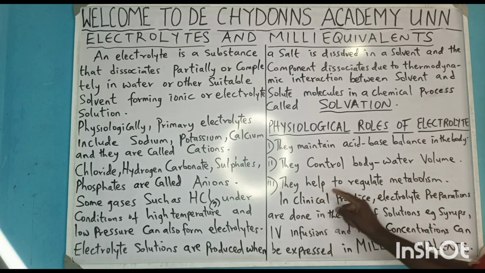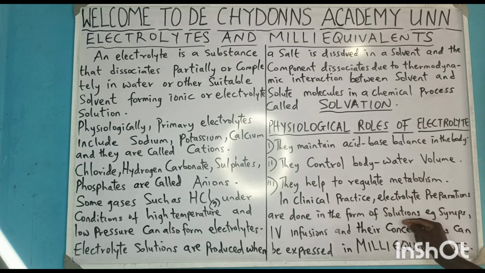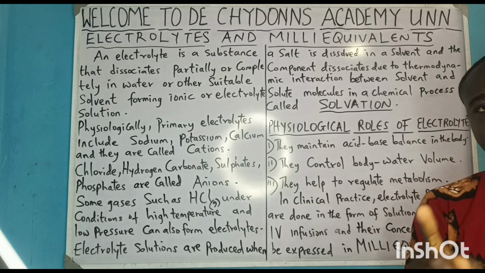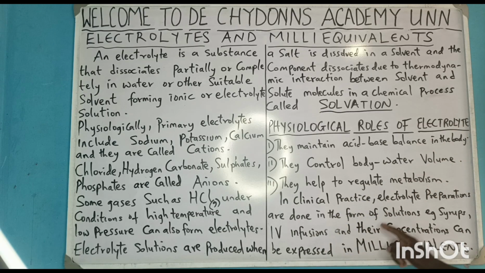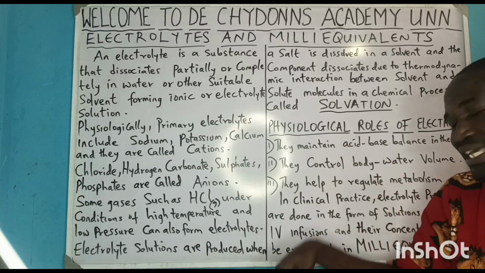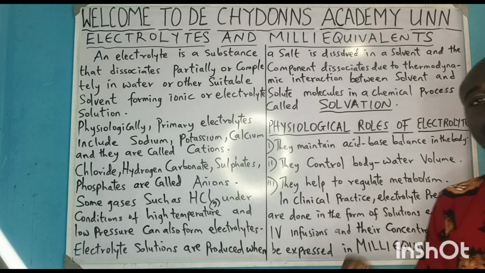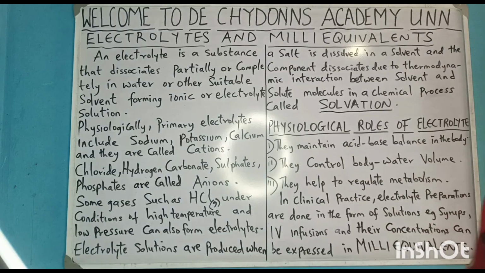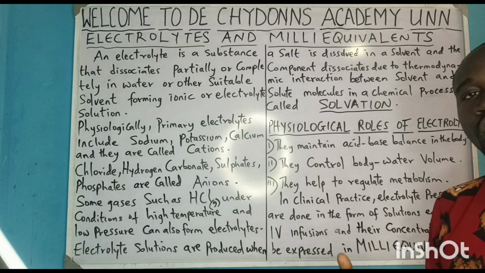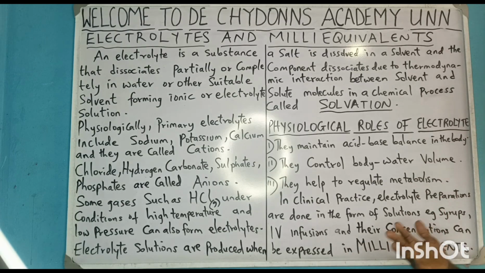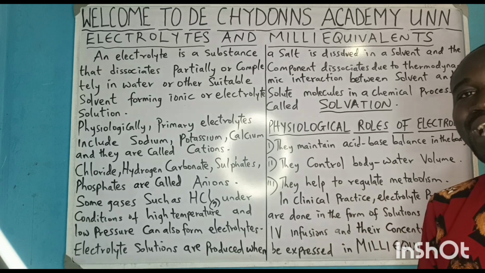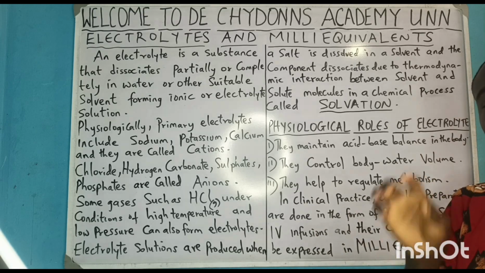In clinical practice, electrolyte preparations are done in the form of solution, e.g., syrups, IV infusions, and their concentrations can be expressed in milliequivalent. So milliequivalent is simply one of the ways of expressing the concentration of electrolytes in solution. I take it again.